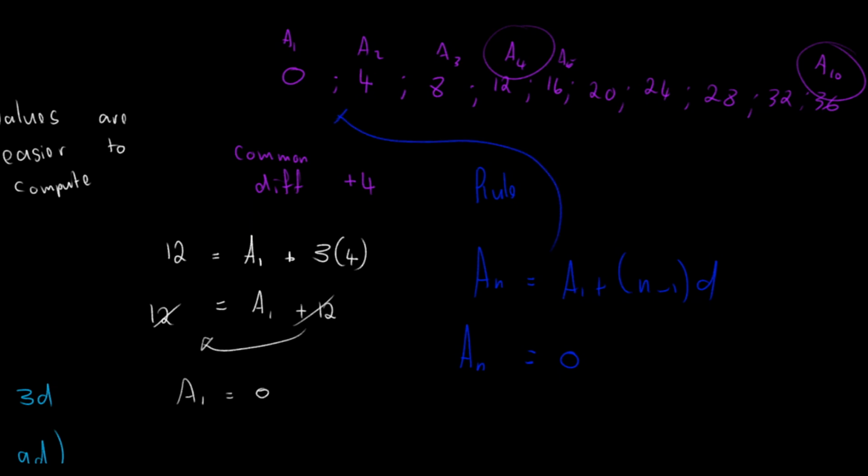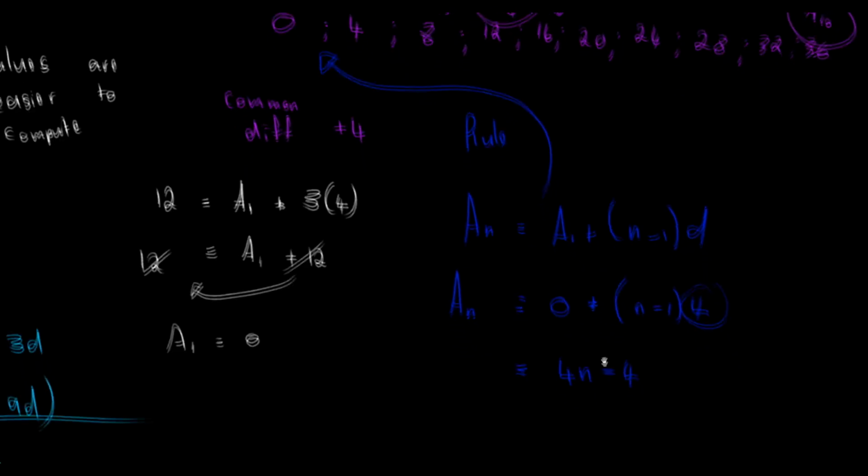We just substitute exactly what we know. Then n, we don't know n, minus 1, and we're going to multiply that with a common difference of 4, because remember, we calculated our difference already. So that's going to be 4n minus 4.